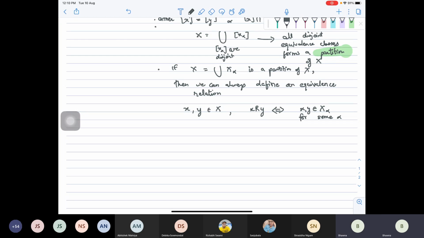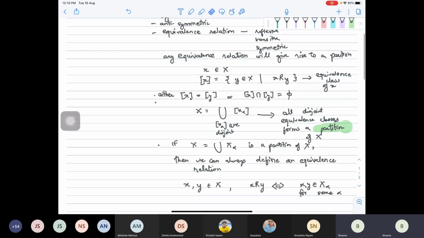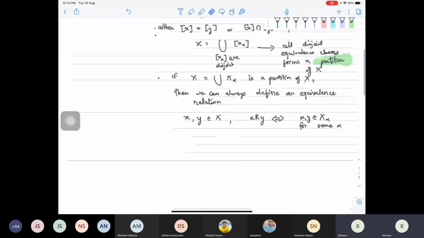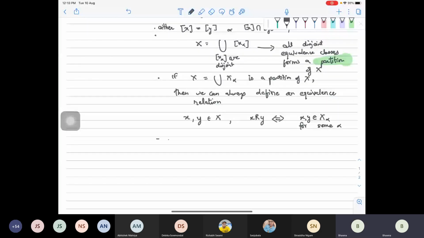It is symmetric because this condition is not dependent on the order of x and y, right? And similarly, this is transitive. So this is actually an equivalence relation. After that, what do we see? After that, we defined a poset. That means we defined a partially ordered set.